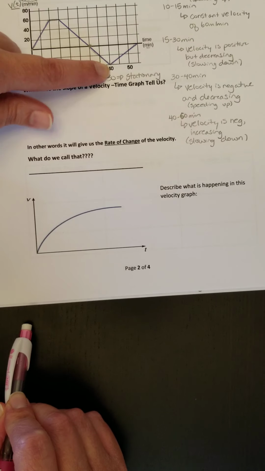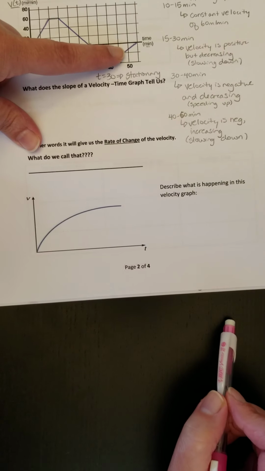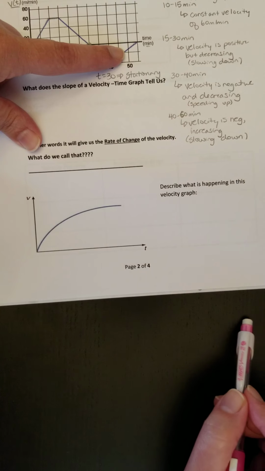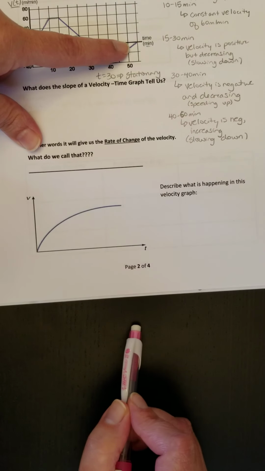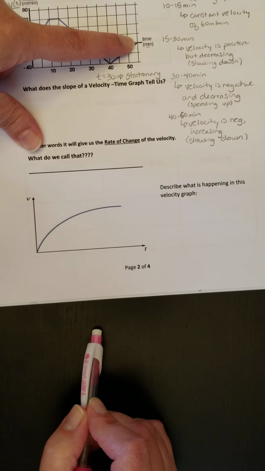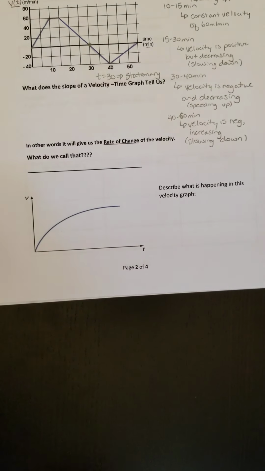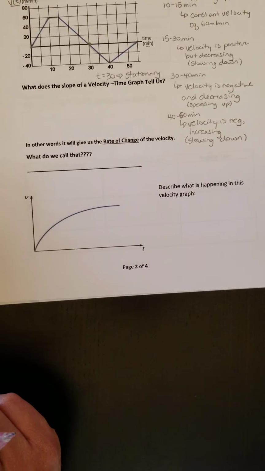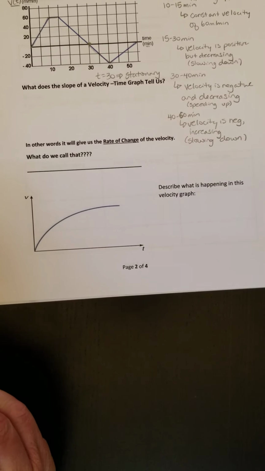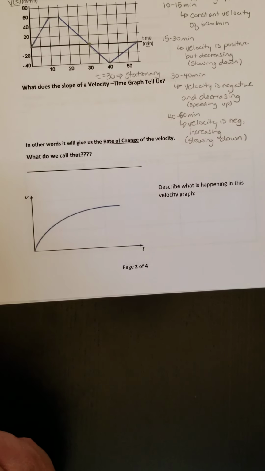After 40 seconds, it's still moving to the left, but it was going really fast, and then it's slowing down almost to a stop. So I hope that makes sense in terms of the real life application of what you would be seeing in any of these.